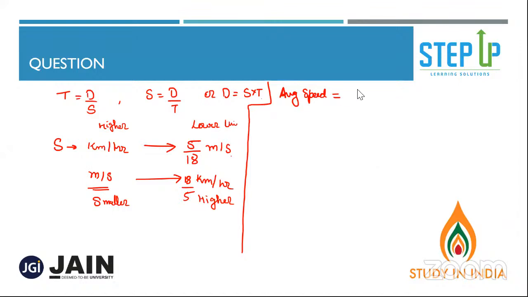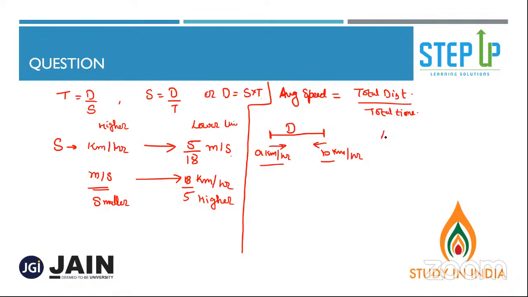So, average speed is equal to what? Total distance upon total time. Right? Yeah. Now, when D is the constant distance and A kilometer per hour is the speed while you're going and B kilometer per hour is the speed while you're coming back, so when two speeds are given to you, what is the average speed?